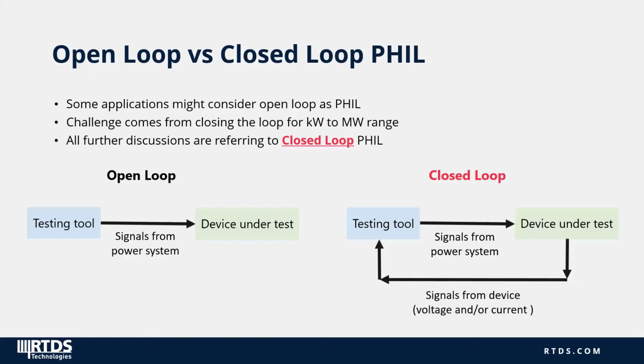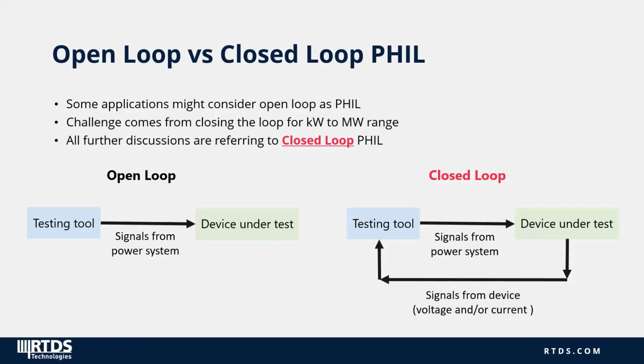So here you can see a diagram I've shown for both the open loop configuration and the closed loop configuration. The testing tool in this diagram would be the RTDS, and the device under test would be whatever power device we plan on testing. So we can see that in the open loop configuration, the RTDS would be sending signals, say, to a four-quadrant amplifier to apply some voltages to the device under test, but there wouldn't be any feedback from the device under test brought back into the RTDS.